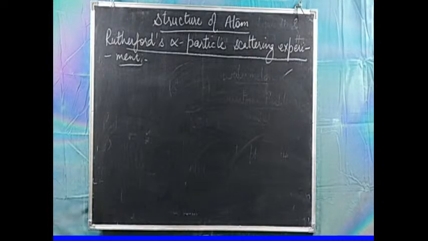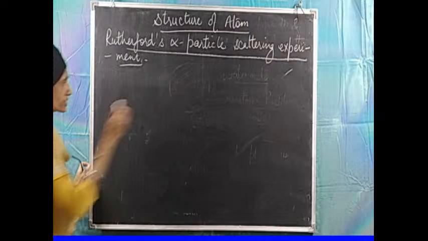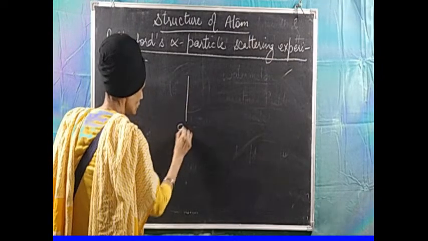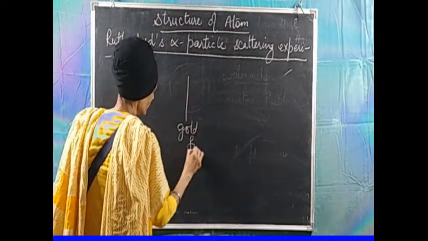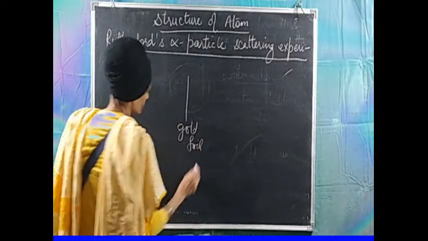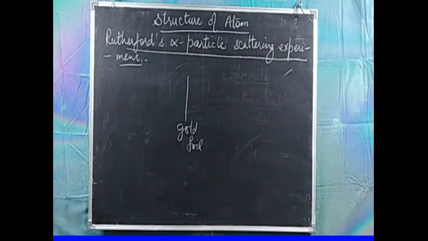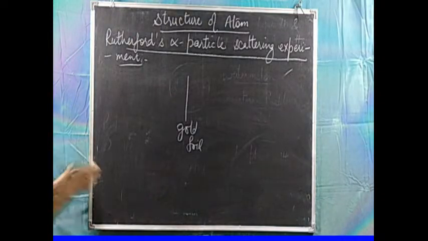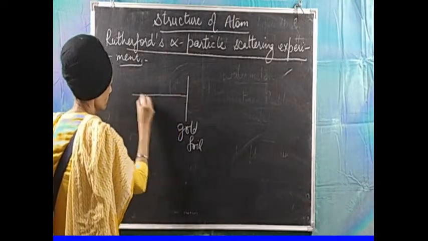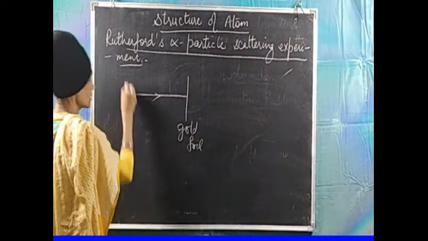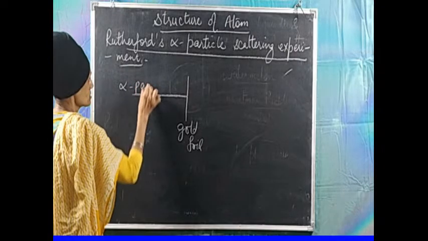According to this experiment, Rutherford took a very thin gold foil. Say this is the gold foil. He passed a stream of alpha particles through the gold foil. So this is a stream of alpha particles coming here, a beam made up of alpha particles.